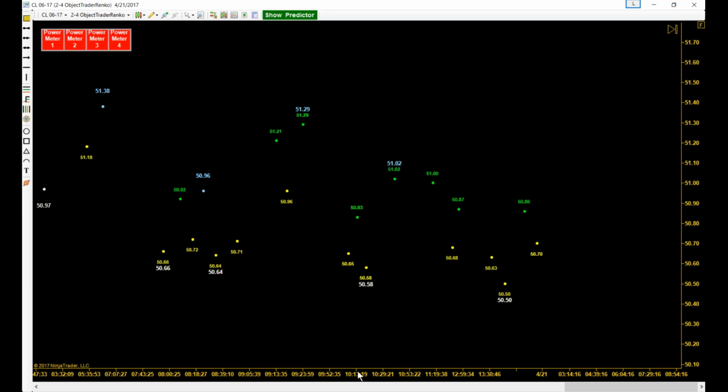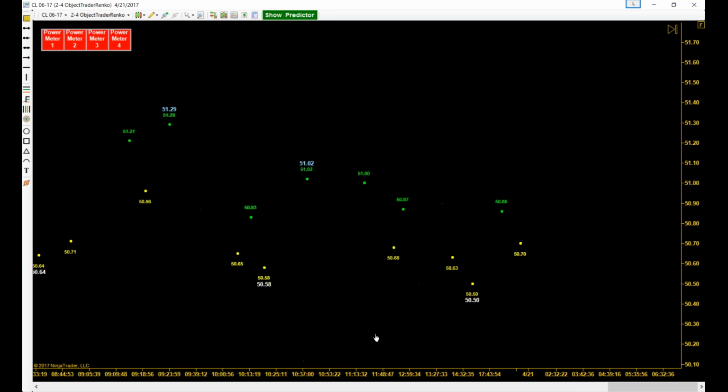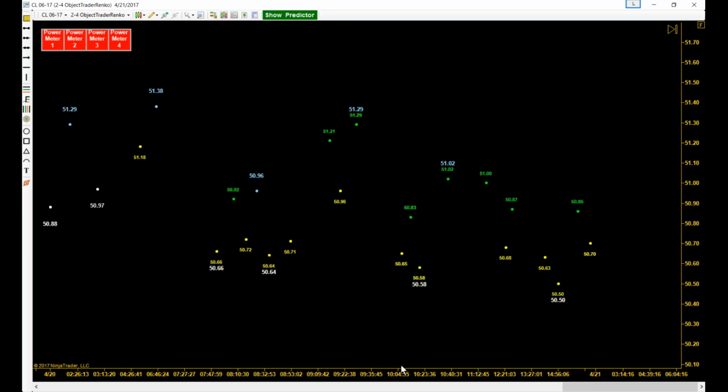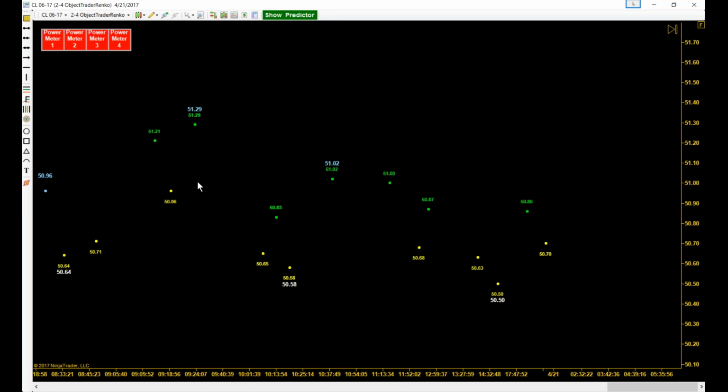Now, when you're looking at your chart, what I like to do when I get up first thing in the morning, while I'm getting a cup of coffee or my juice or whatever I'm drinking, is look at a chart that does away with a lot of the whole forest so I can see the individual trees. We've talked about that lots of times. Sometimes the best way to see that, of course, is to look at your power meters.